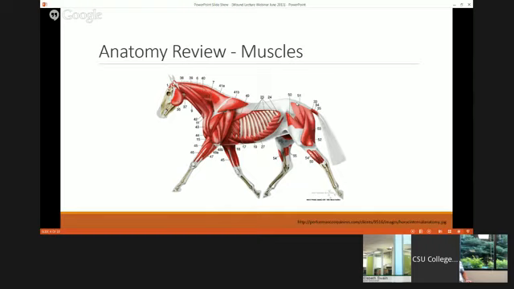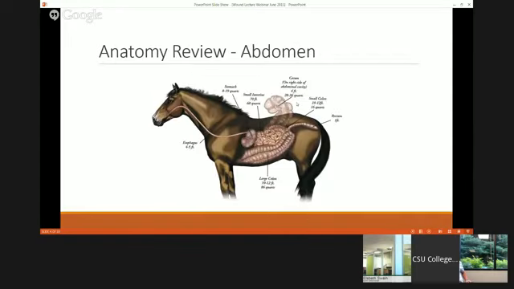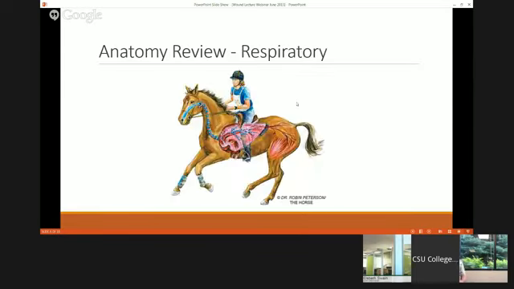Muscles, horses have lots of muscles, and as you can see here too on their lower limbs, they don't have a lot of muscle cover over their bones and their tendons and ligaments. We'll talk a little bit about the abdominal cavity and why wounds underneath the horse might involve the abdomen more than we think.